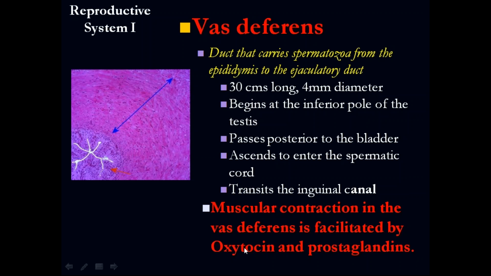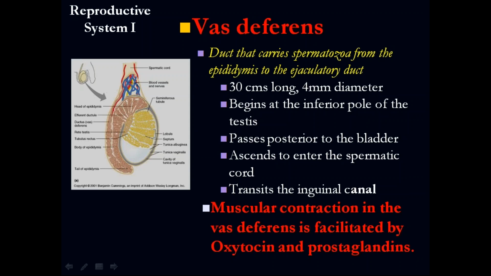But in males, it has a function too. This oxytocin is going to contract the smooth muscle of the vas deferens and other muscles, and the vas deferens is going to create some kind of propulsion to the sperm going towards the urethra.